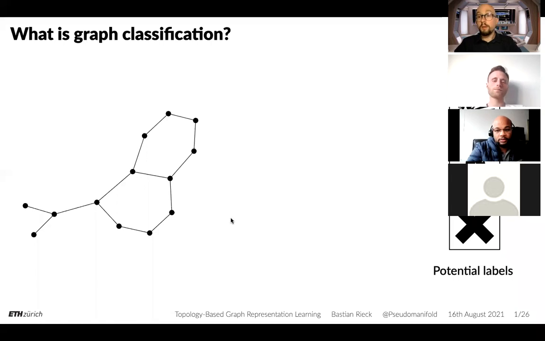So you probably all know what graph classification is, but let me give you a brief example of that. On the left-hand side, you see one graph. It has nodes and edges. And on the right-hand side, we see our target, which is, we have a set of potential labels, and we want to assign one of those labels to the graph.